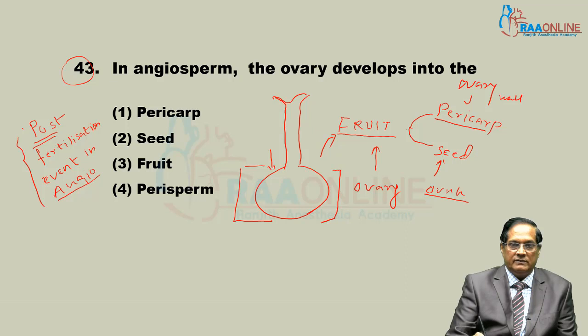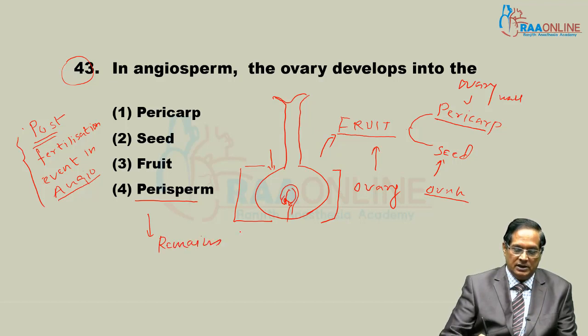The ovary wall develops into pericarp, and within the ovary the ovule is present. This is the ovule. It develops into seed. And what is perisperm? It is the remains of the nucellus in the seed, right? This is about the perisperm.